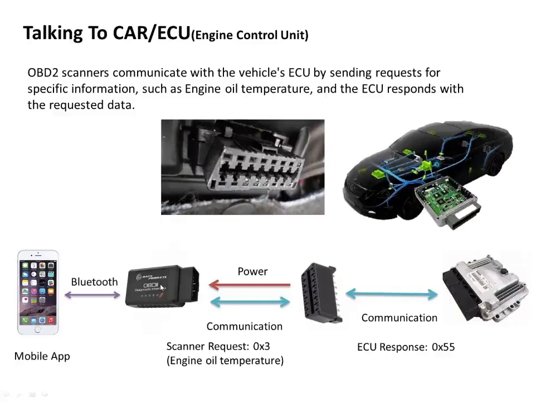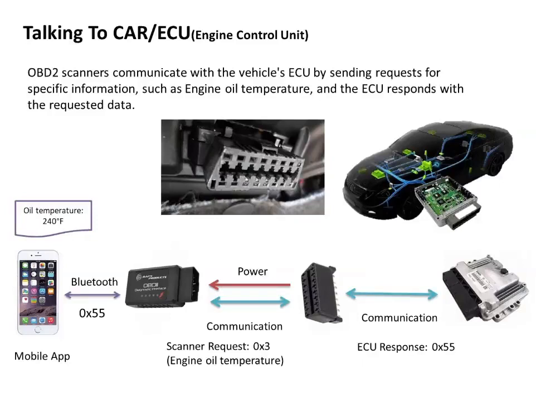Now when we get the data inside the OBD2 scanner, we will transfer that data through Bluetooth, and once we get that data, we will decode it. How to decode the data is available from Wikipedia.